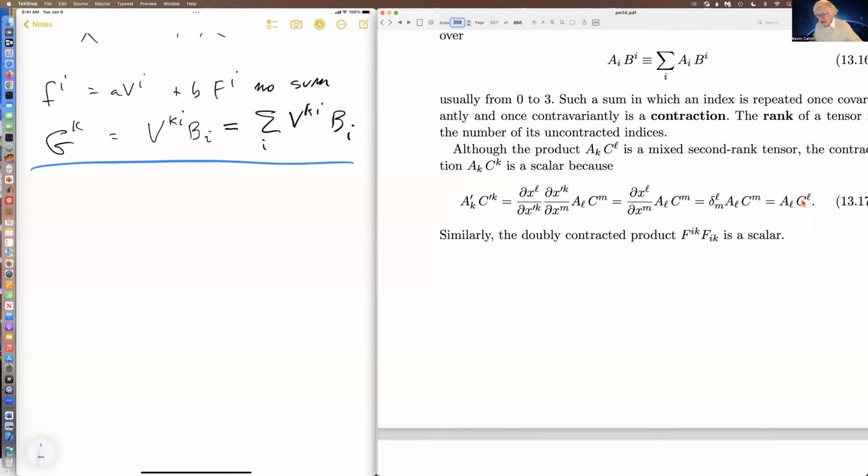So that's why, if you have a monomial and you have two indices that are the same, Einstein's summation convention tells you that you sum from 0 to 3. But now we've learned that once you sum from 0 to 3, those indices are no longer active. And in particular, A_K C^K is just a scalar.